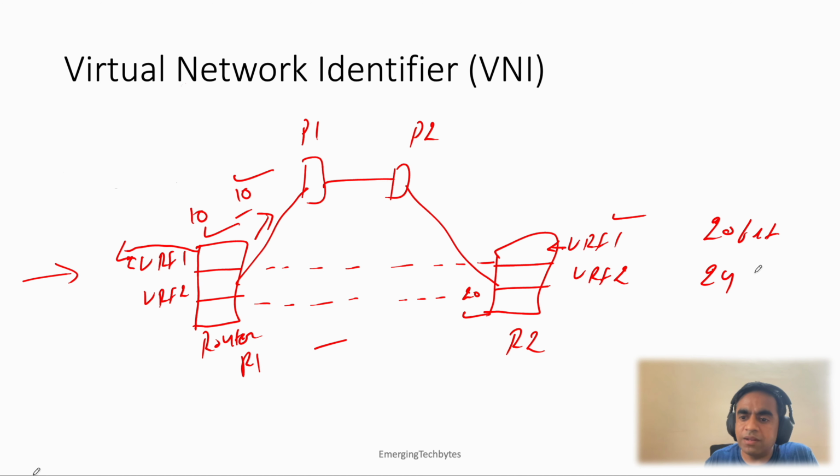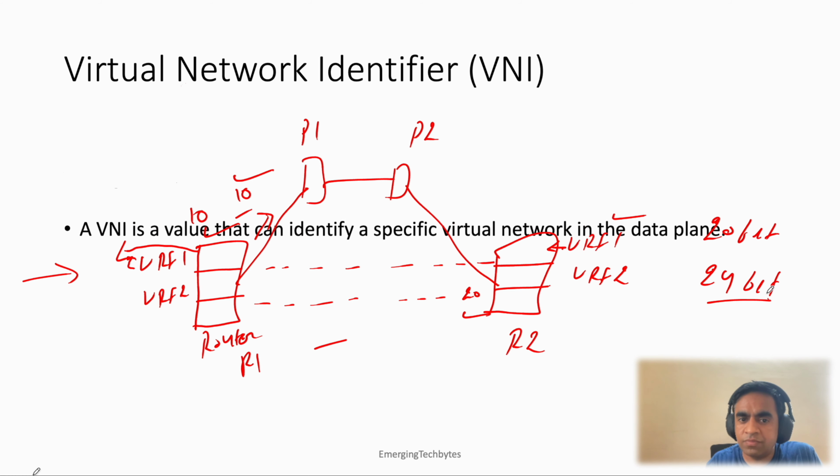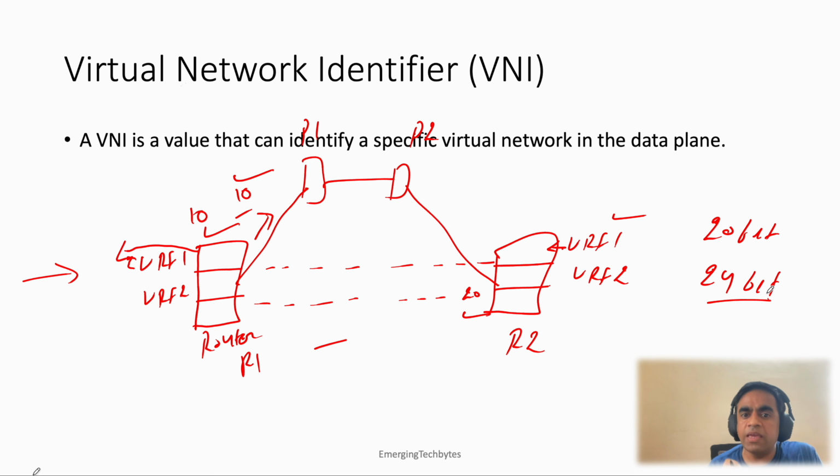In VXLAN, this is a 24-bit field. Apart from this, there is no difference. So a VNI is a value that can identify that virtual network in the data plane.